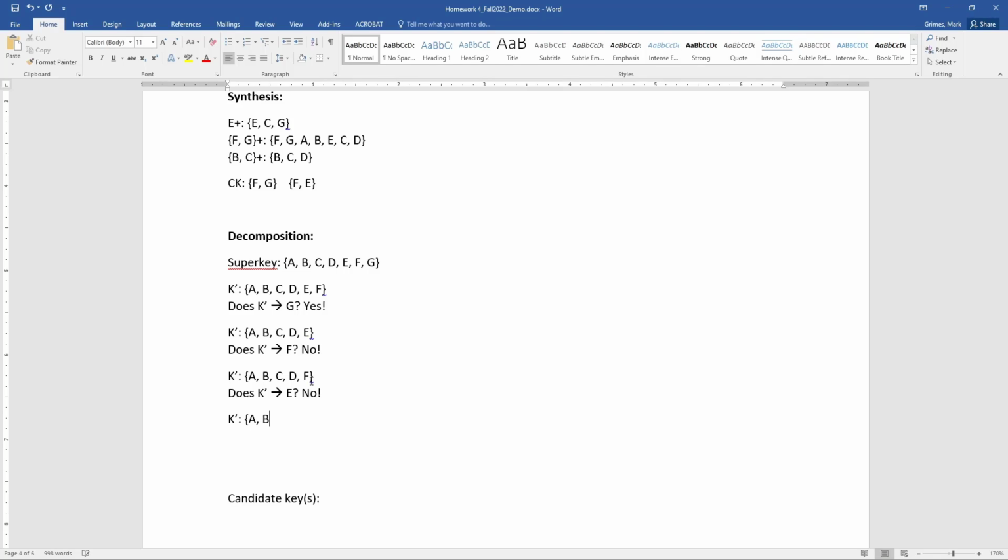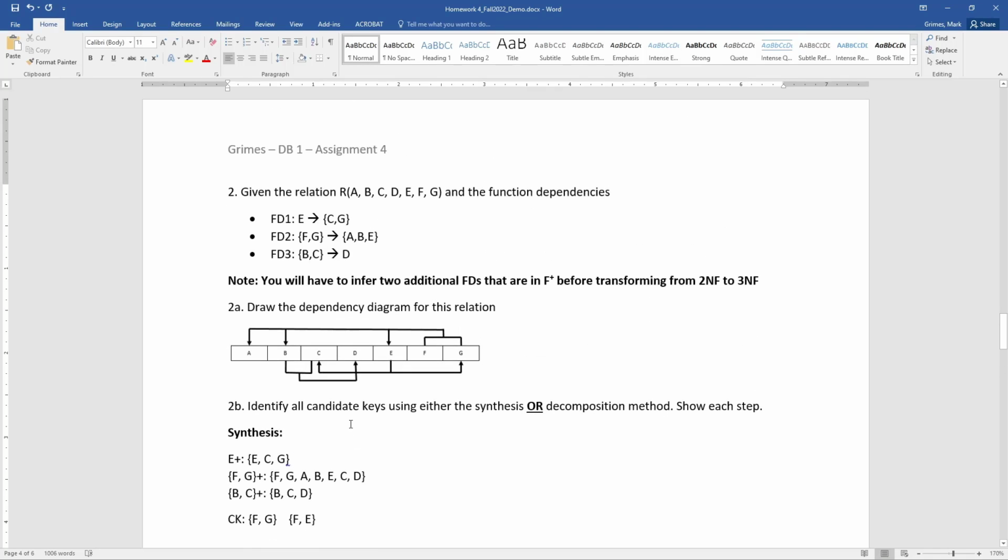So let's ask, does A, B, C, we got to put E back in, E, F, does K prime now functionally determine the attribute we just removed, which is D? Okay, does A, B, C, E, F functionally determine D?